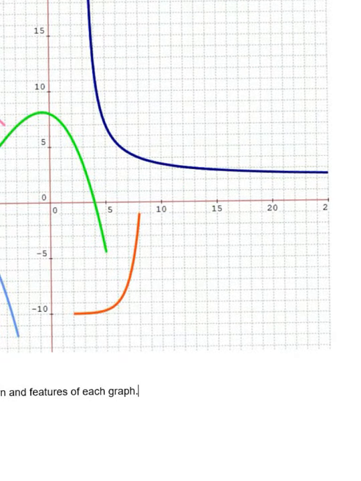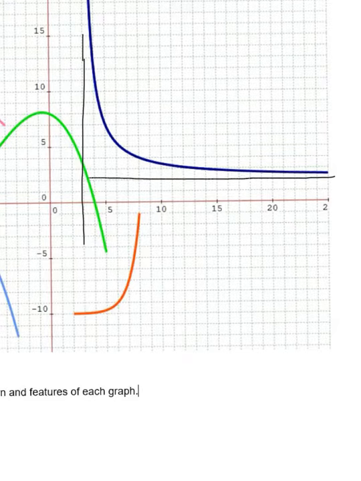Next is the hyperbola. The hyperbola has 2 asymptotes. So if I look here, one asymptote is coming down at about x equals 3, and the other one at y equals 2, I think. So those are my asymptotes, so we can label those.